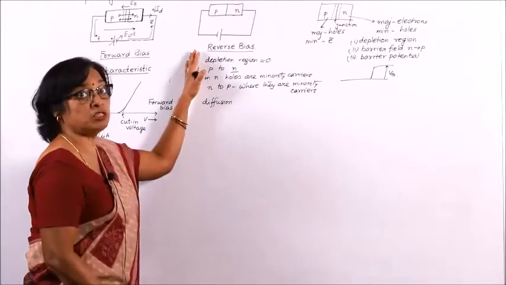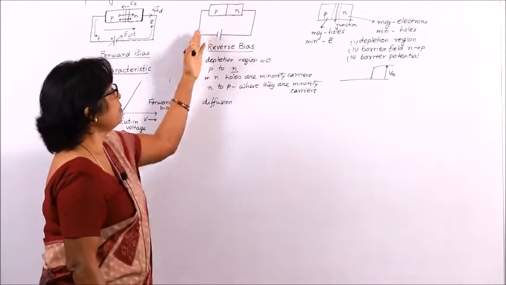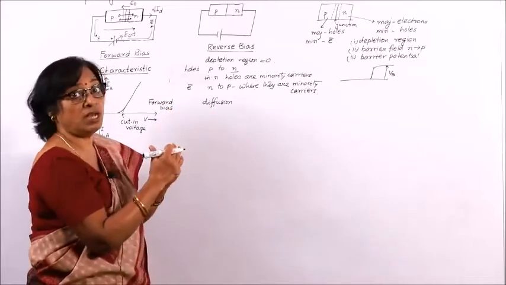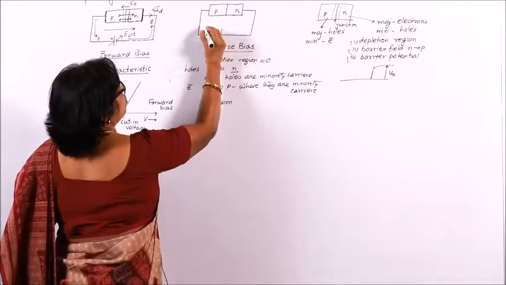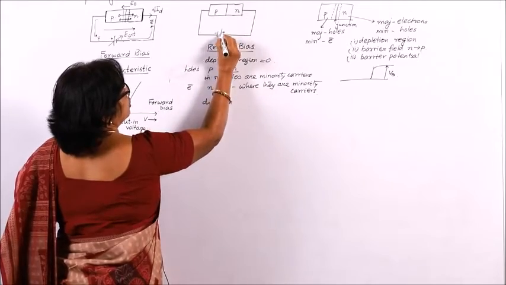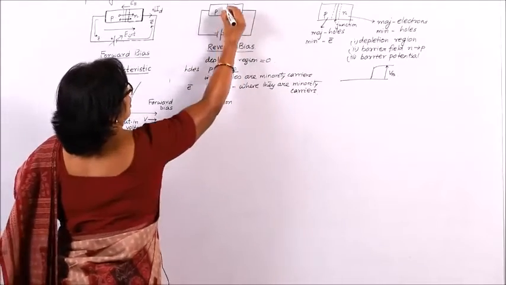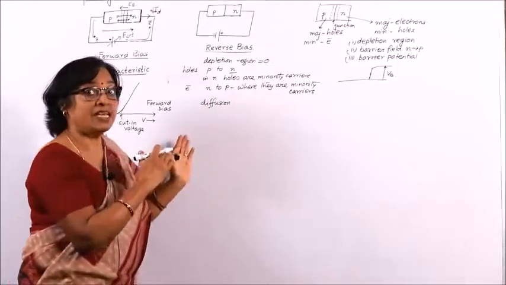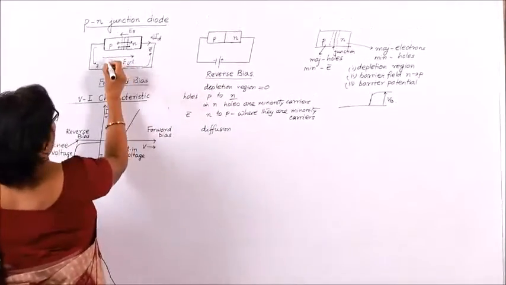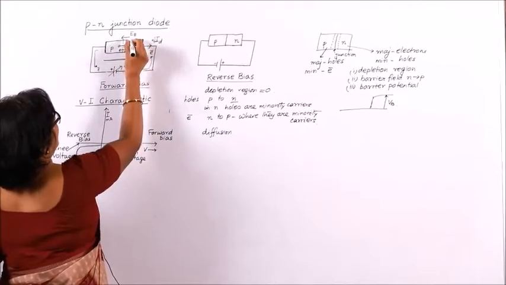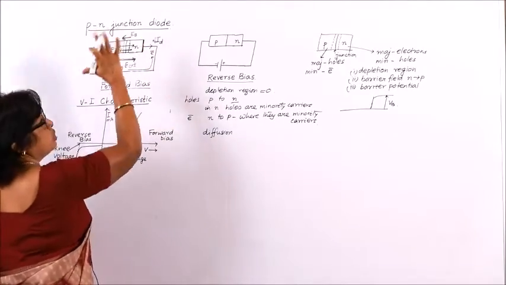If we go to the reverse bias, on the other hand, what happens? Just the opposite thing will happen. When you give a negative potential to P and a positive potential to N, the depletion region now increases. In the forward bias case it was decreasing, because the external electric field and the barrier field were opposite.